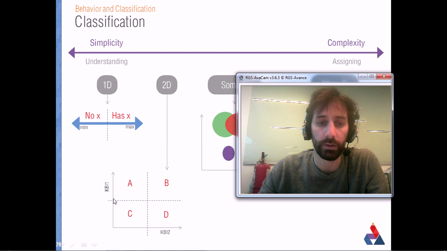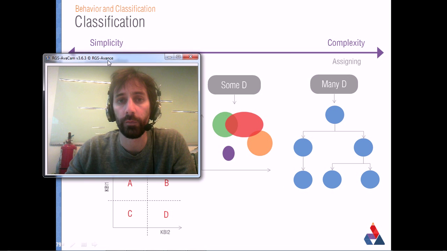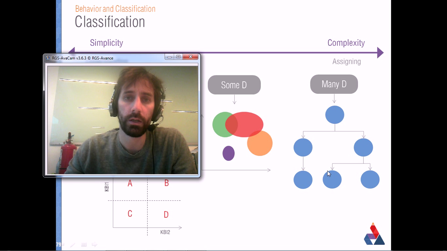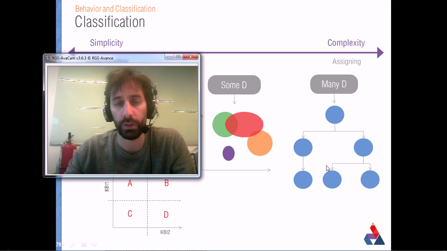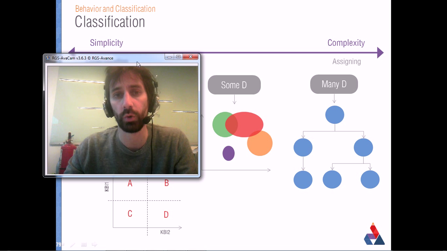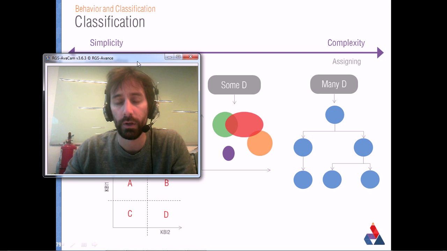Then you can start using 2 different KBIs and you can start segmenting in different quadrants. If you advance with that, then you have different groups, and then you start having different conditions. And finally, the maximum level of complexity is developing a decision tree based on the levels of the different KBIs and combining these KBIs to cover for these blind spots.